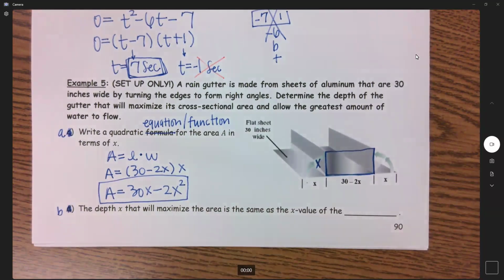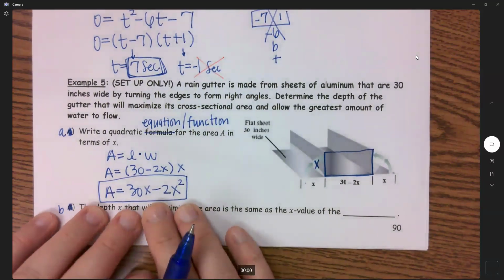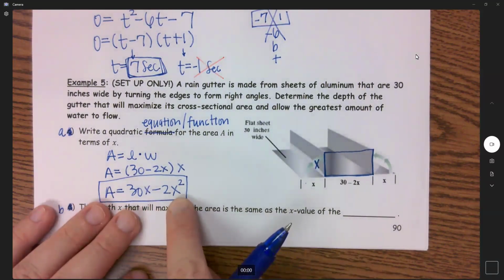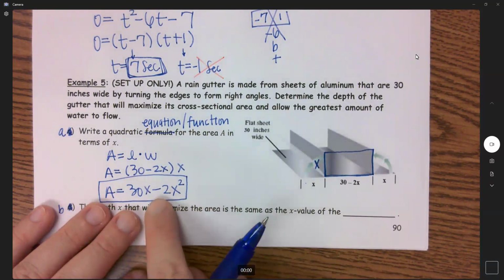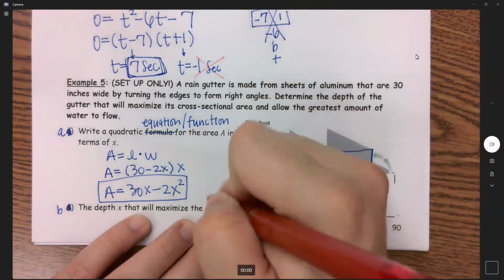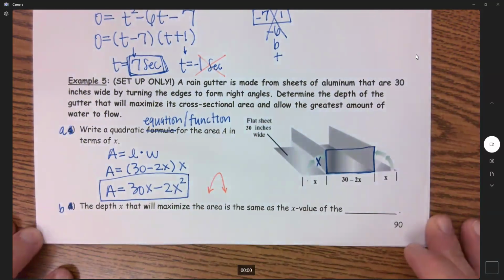So I have my formula, or my function, or my equation here, and what kind of graph is this going to make? Well, because of that x squared, it's a parabola, and because of that negative, it's going to be upside down. So I'm going to have some parabola that's opening down.